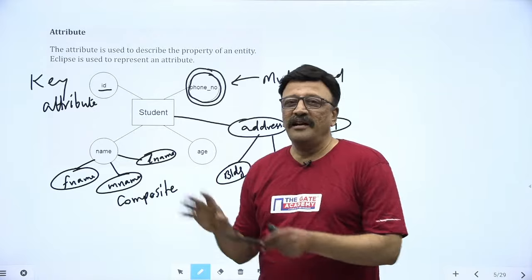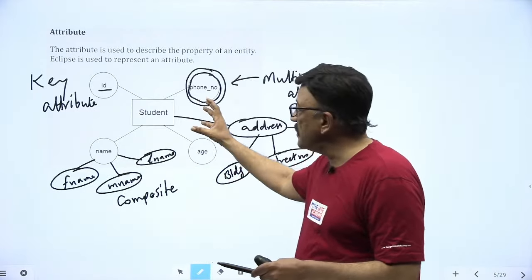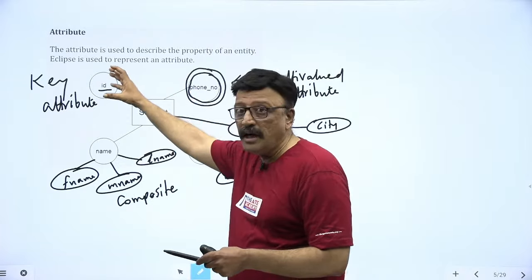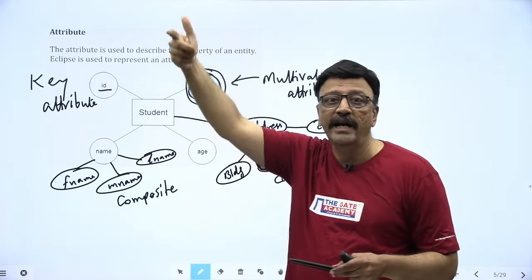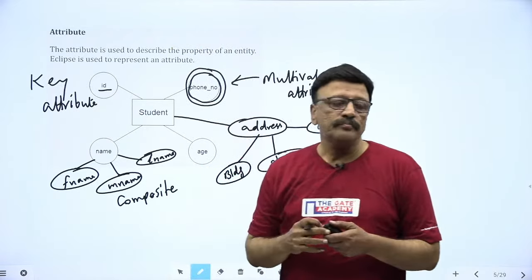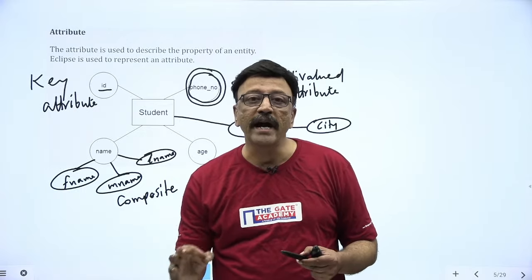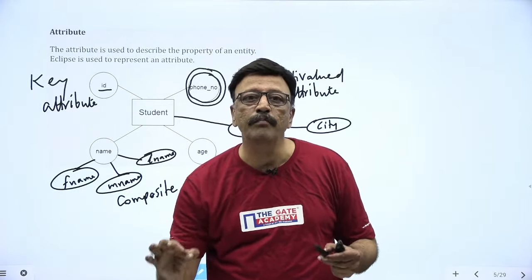I purposely left it to be drawn now, but ID is what a student has, and we say every student has a student ID or roll number. Now why do you call this a key attribute? This is a remarkable way by which you can identify the student in a big institute.